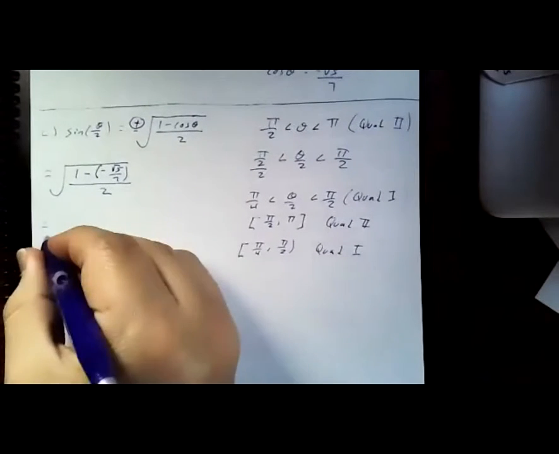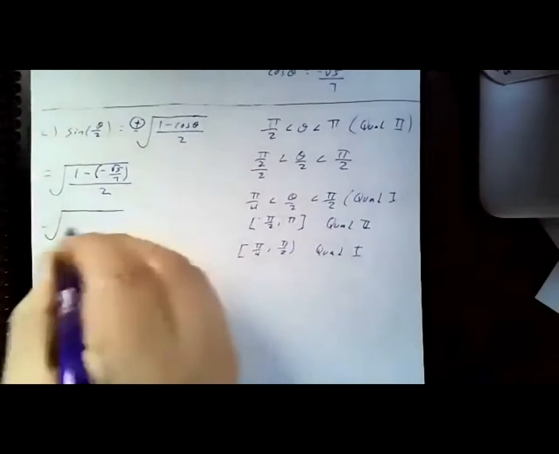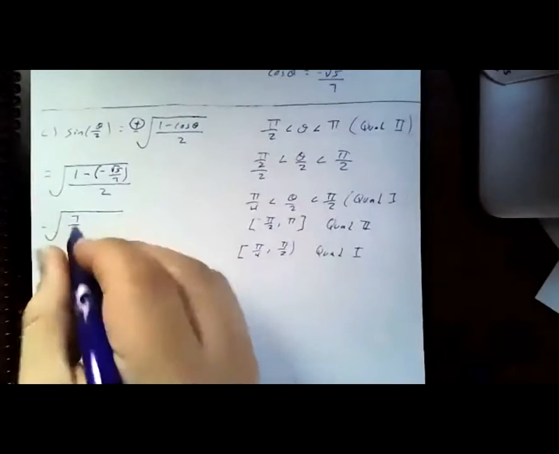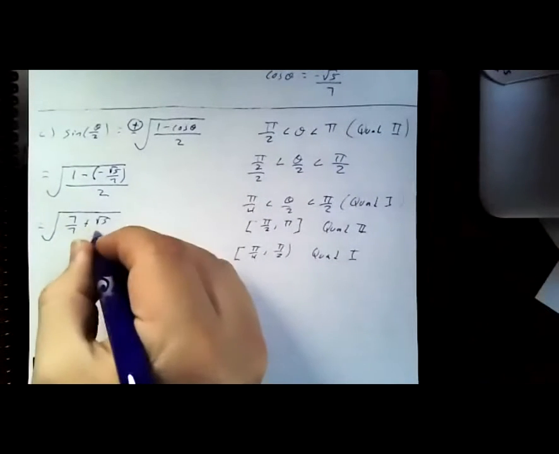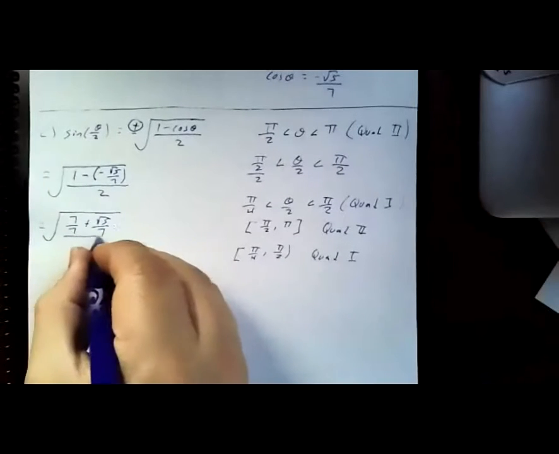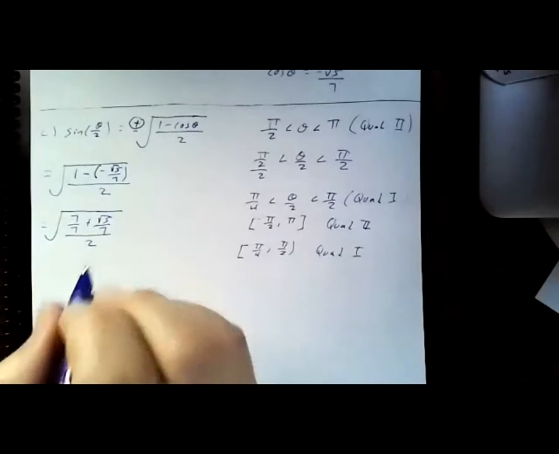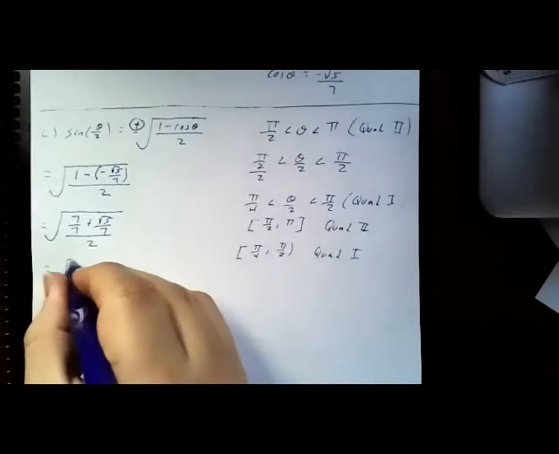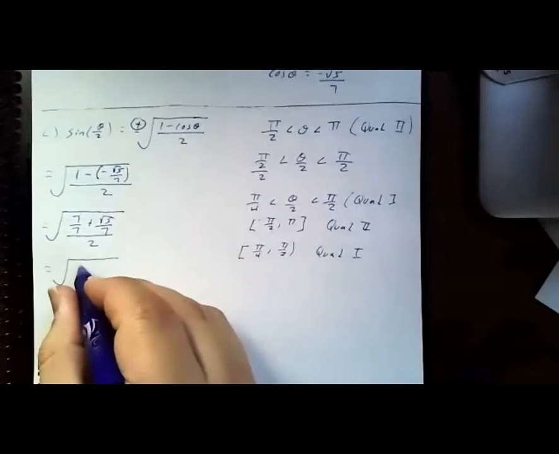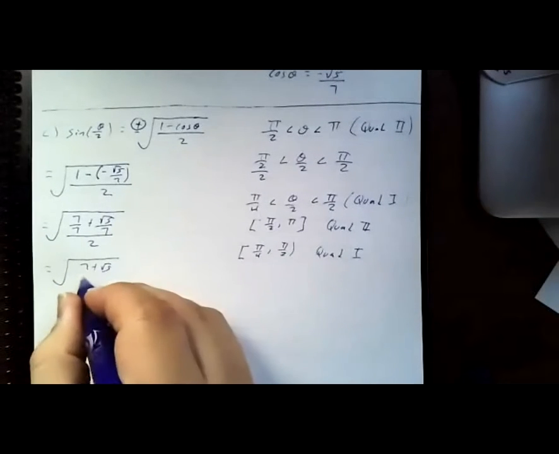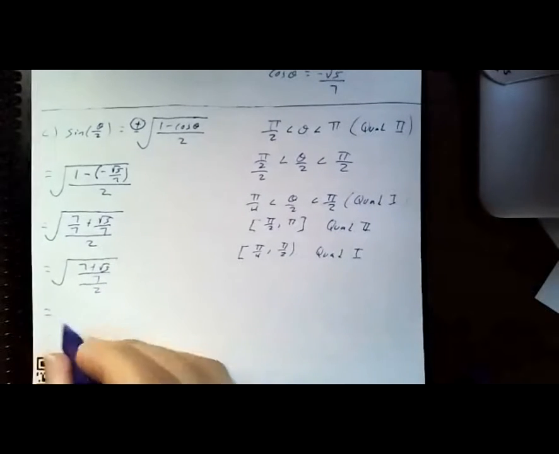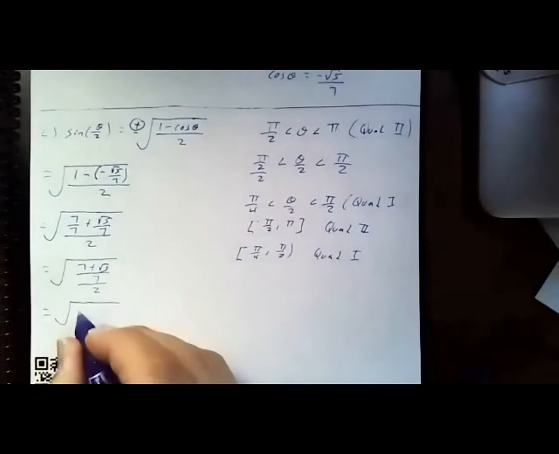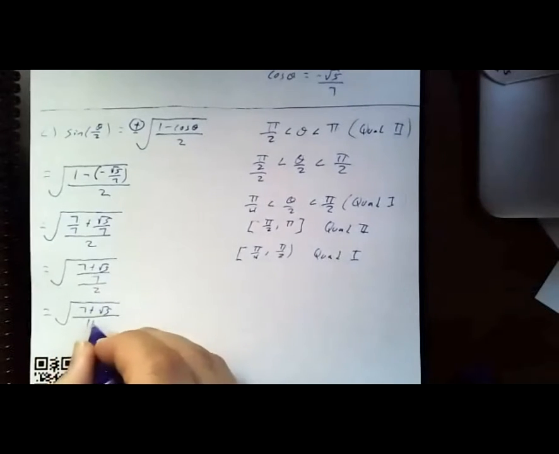So that would give us 7 over 7 minus minus is a plus square root 5 over 7, divided by 2. This time I'm going to do it inside the radical. So that'll be 7 plus root 5 over 7, divided by 2, which finally gives us 7 plus root 5 over 14.